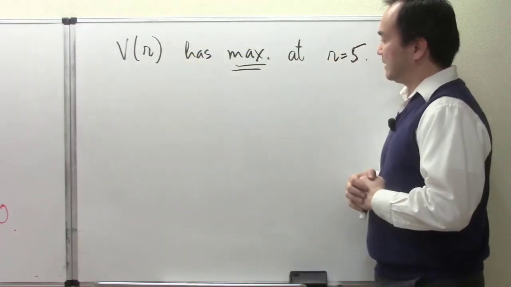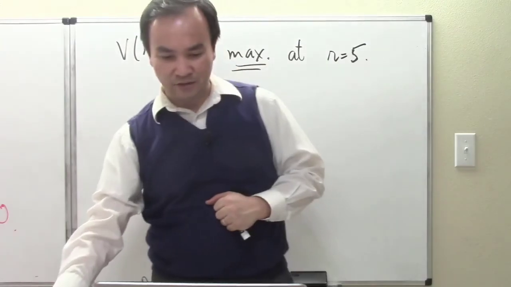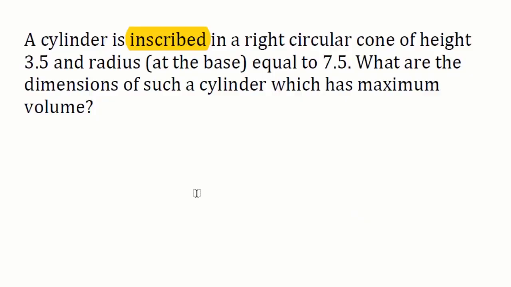So let's read our description one more time right here. I'm going to remove this highlight, which is no longer needed. What are the dimensions of such a cylinder which has a maximum volume?